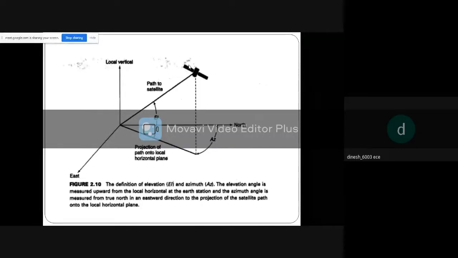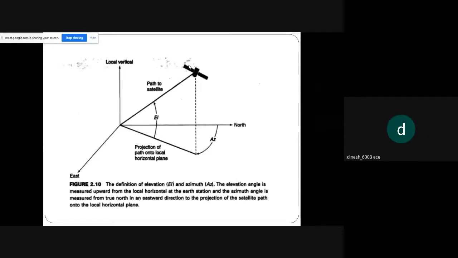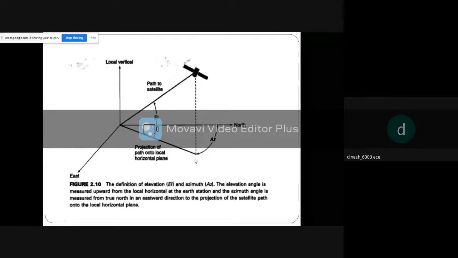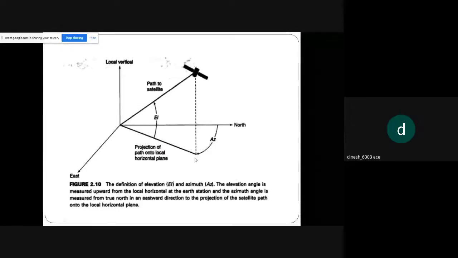From the north side to the projection of the path on the local horizontal plane, we move towards the east direction, till the satellite's projection falls. From the north direction to the east direction, till it falls, is called the azimuth angle.